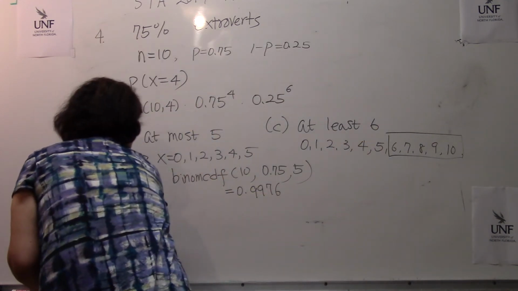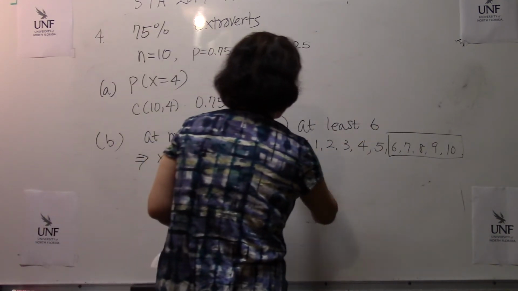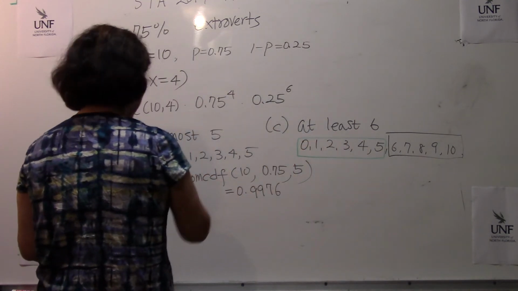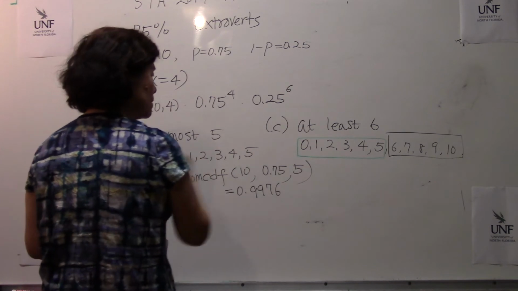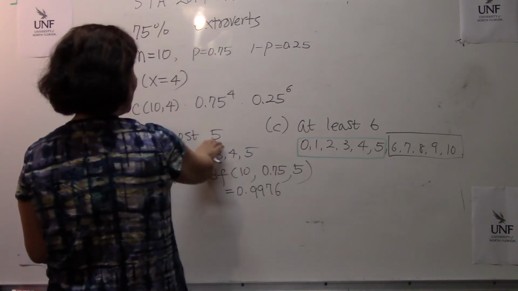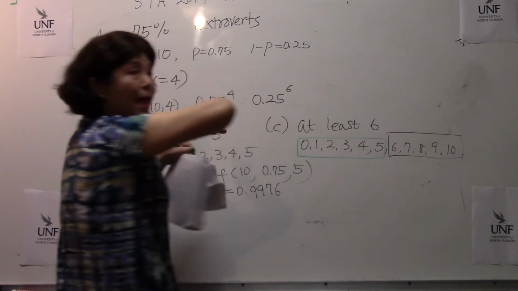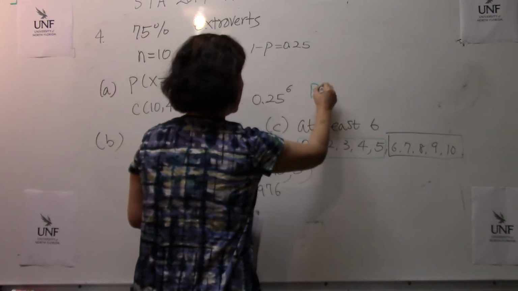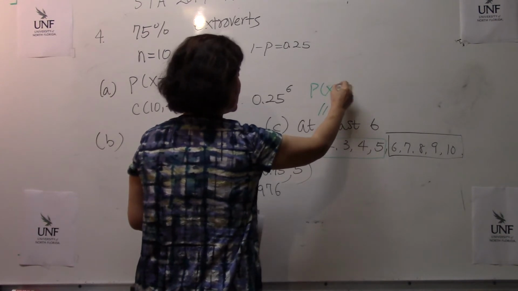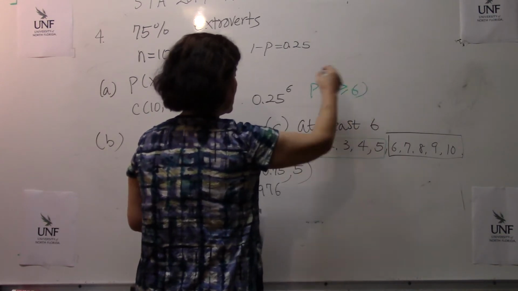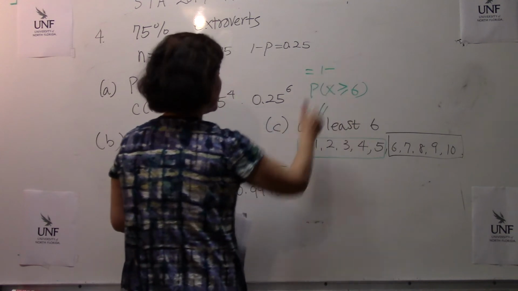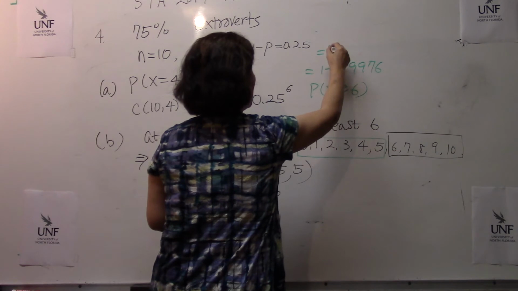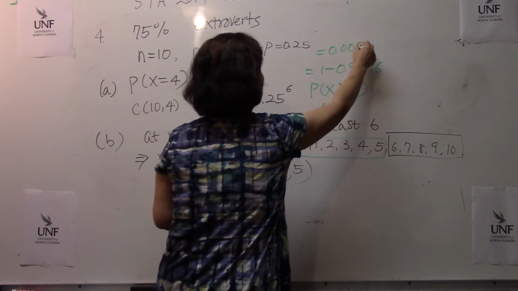Therefore, in order to use a calculator setting, you are going to subtract this portion from 1. Is that correct? And we already calculated that. So these two, at most 5 and at least 6, are complementary. So x greater than or equal to 6 is 1 minus 0.9976. So that gives you 0.0024.